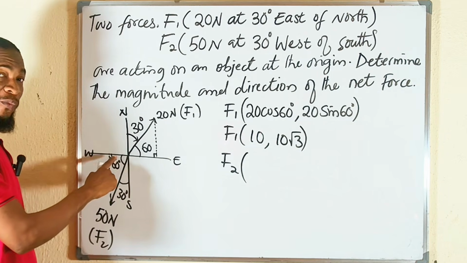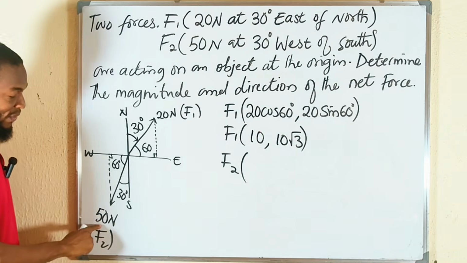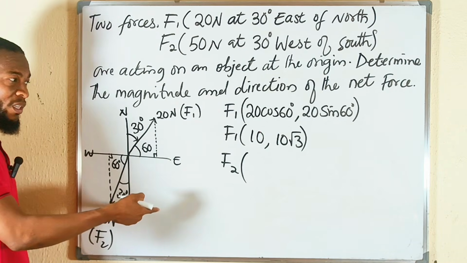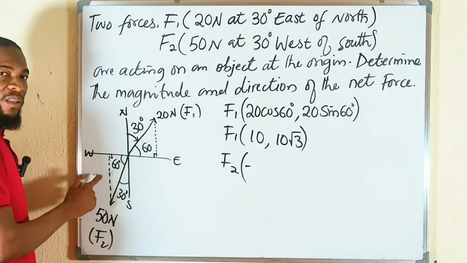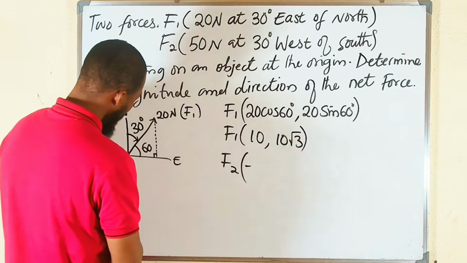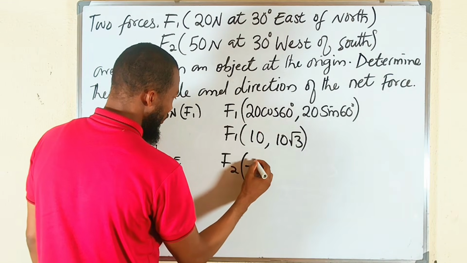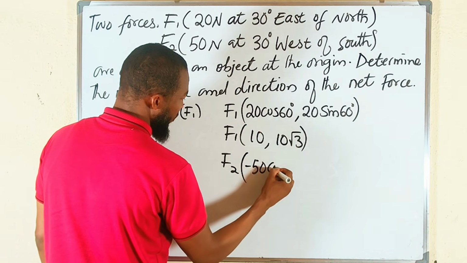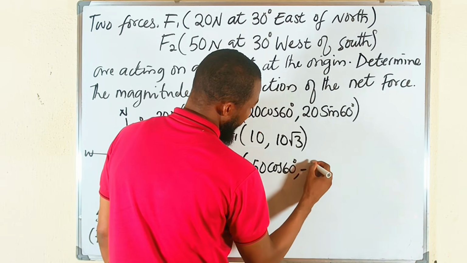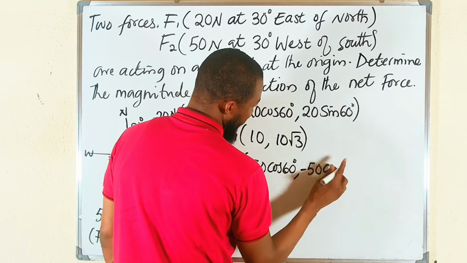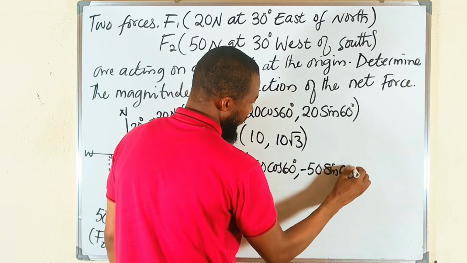Instead of using 240 degrees, that is to say 50 cosine 240, why not use negative? Then you use the third quadrant. 60 is going to be your reference angle this time around. So you take 50 multiplied by cosine of 60 degrees, comma, minus another 50 sine of 60 degrees.